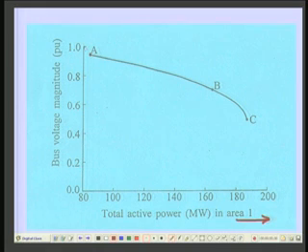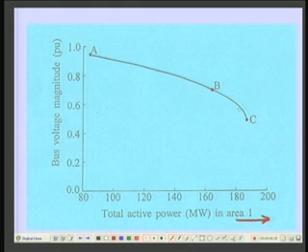One operating point A, which is called normal operating load, which is less than 100 megawatt and more than 80 megawatt, around 85 megawatt is the normal load. Another point B on this curve is identified where the load is more than 160 megawatt. This point B is very close to the critical point, and C is the critical point on the system.